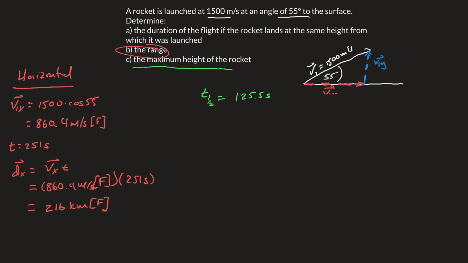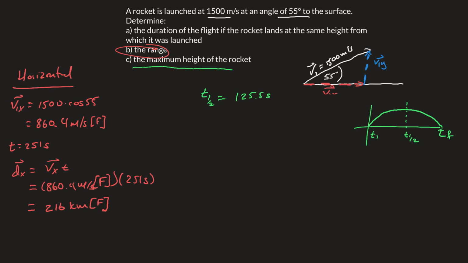Because we all agree that a parabola, right, if this is the final time and this is the initial time, well, right here at the peak, that's half of the total time elapsed, right?